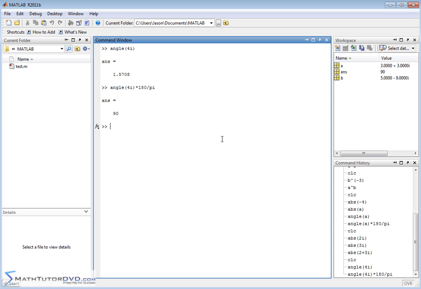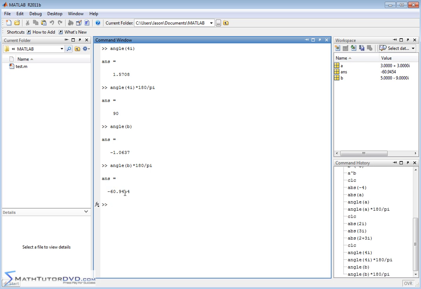So any kind of pure imaginary number, when you're trying to find the angle, is going to give you that. Whenever you do something like angle of b, which is over here 5 minus 9i, what you're basically doing is taking the inverse tangent of this divided by this. That's all given in your math books to find that angle. In this case, it's negative some number of radians, and you can multiply by 180 divided by pi to give you the angle in degrees.